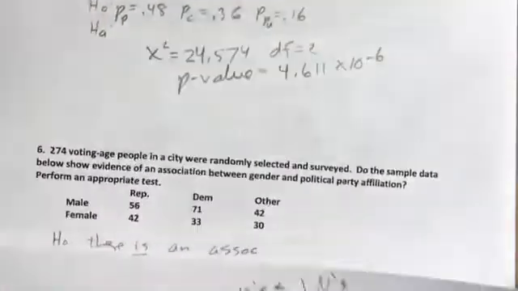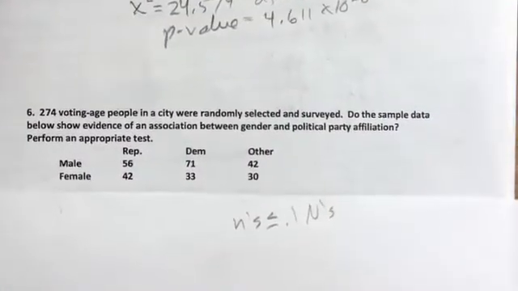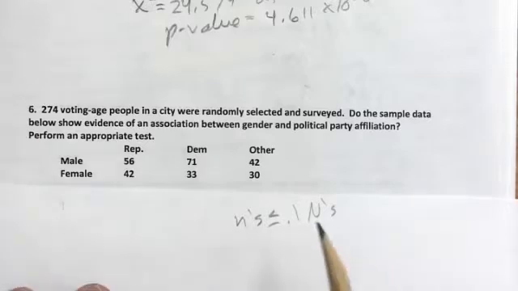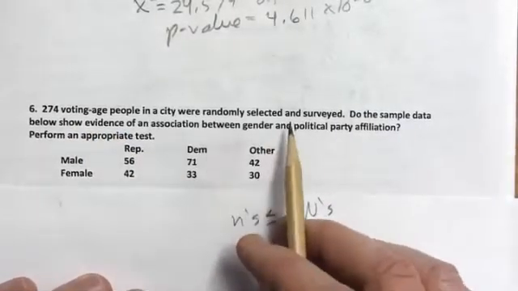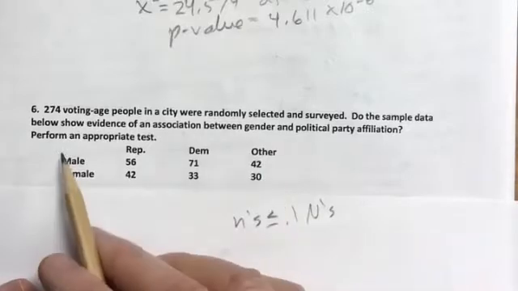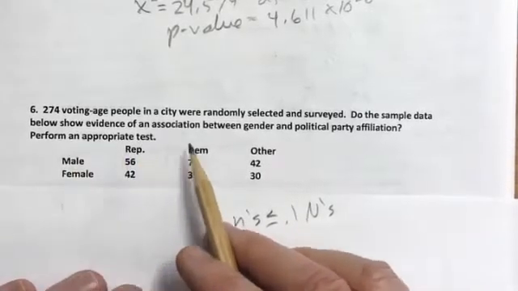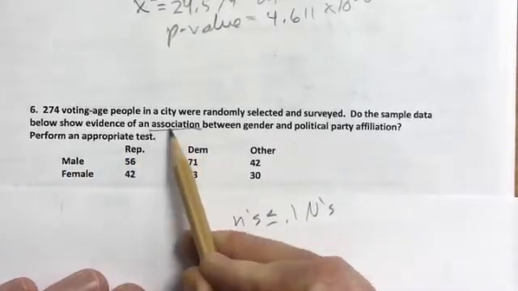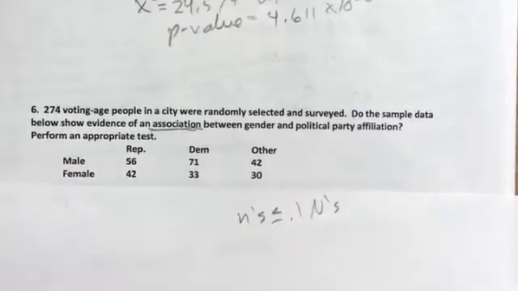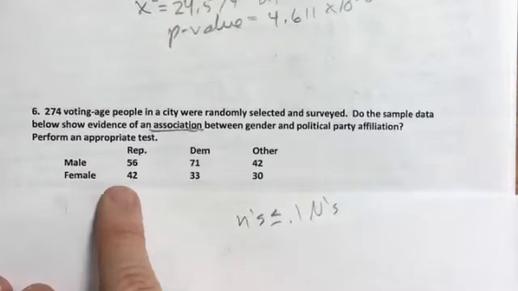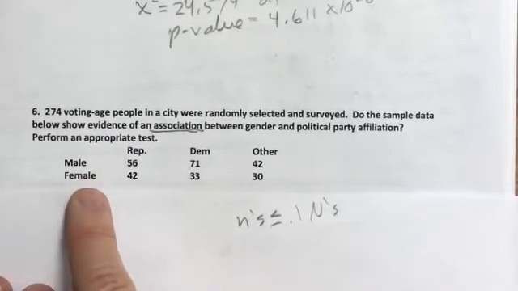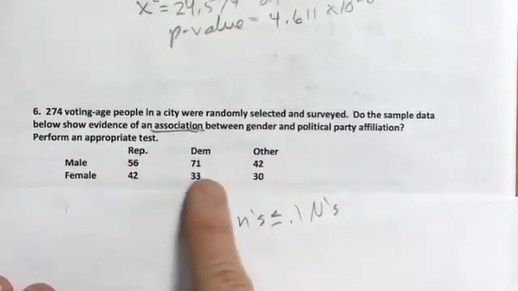All right, so we've got this, and this says 274 voting age people in a city were randomly selected and surveyed. Do the sample data below show evidence of an association, there's a key word there, between gender and political party affiliation? When you look at the males and females, does there appear to be a relationship or an association between gender and political party?